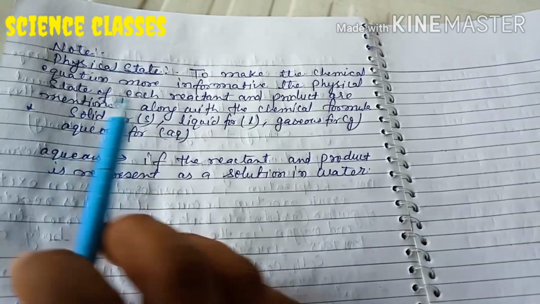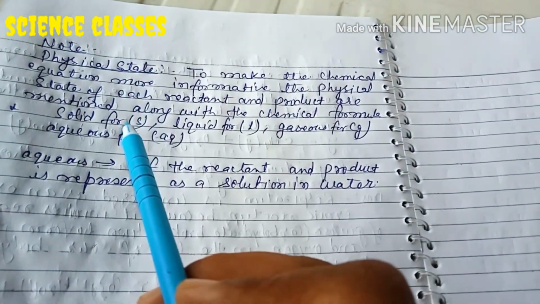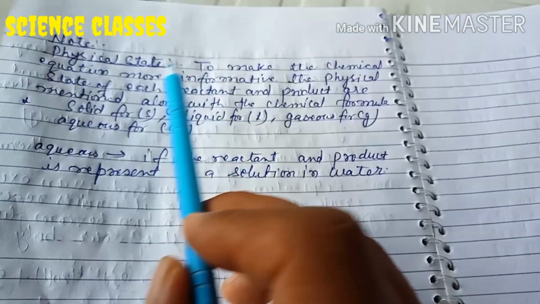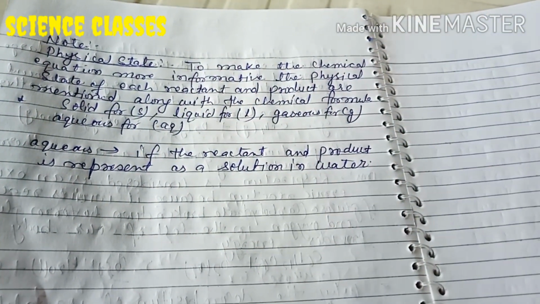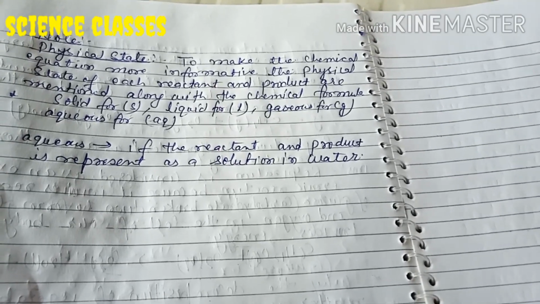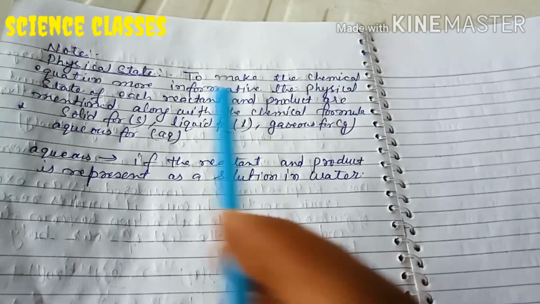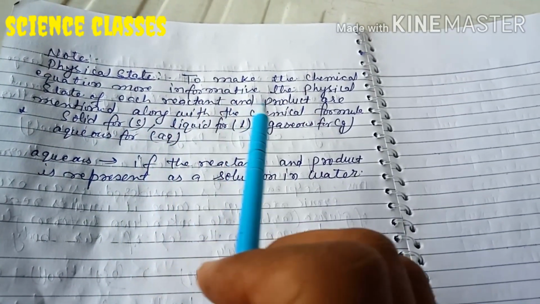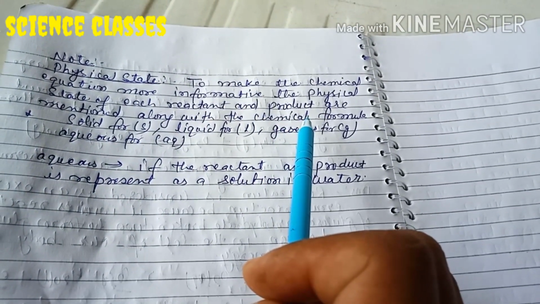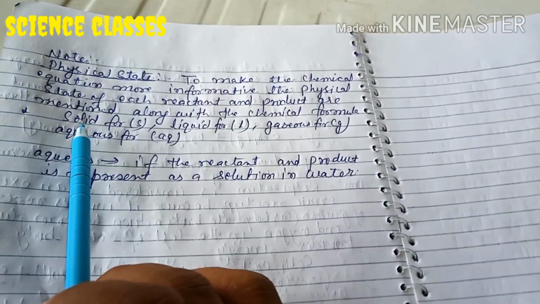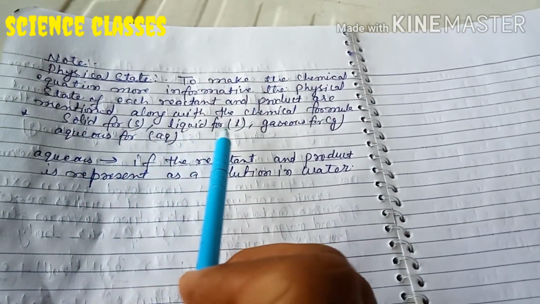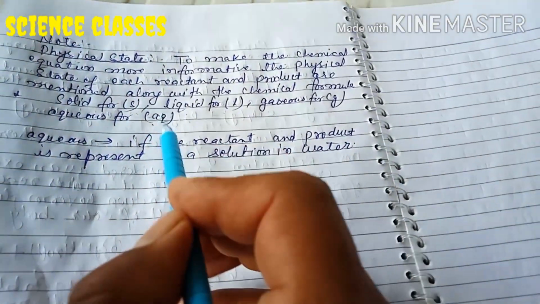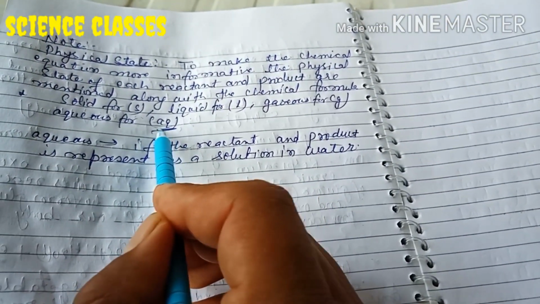Now note, I told you that we will discuss the physical state at the end. To make the chemical equation more informative, the physical state of each reactant and product is mentioned along with the chemical formula: S for solid, L for liquid, G for gaseous, and AQ for aqueous.